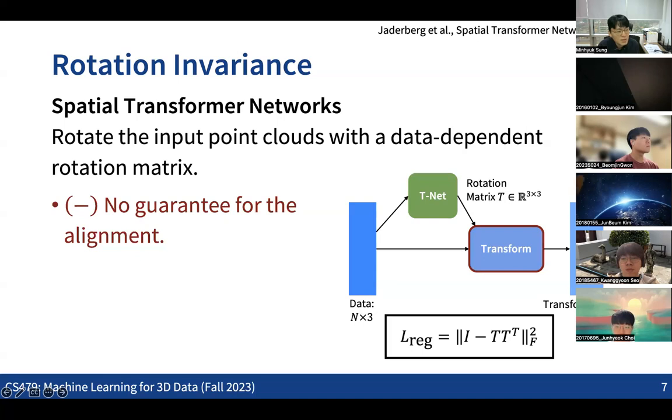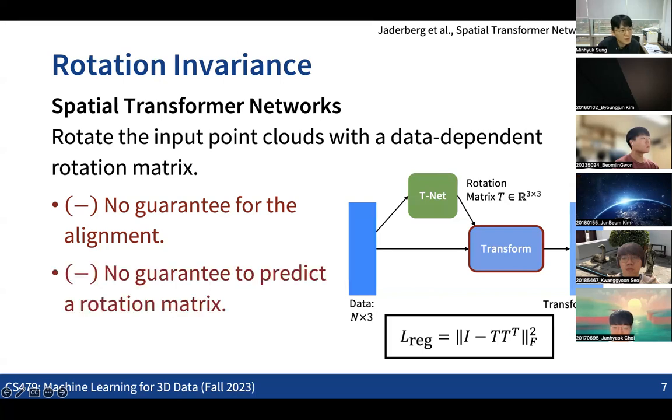And the second limitation is that while we are predicting a rotation matrix as a 3x3 matrix, this is not exactly a limitation of this component, but if we use the very naive way to apply the spatial transformer network, there is also no guarantee to predict a rotation matrix.